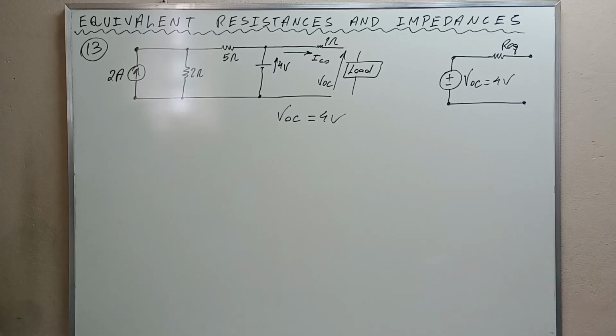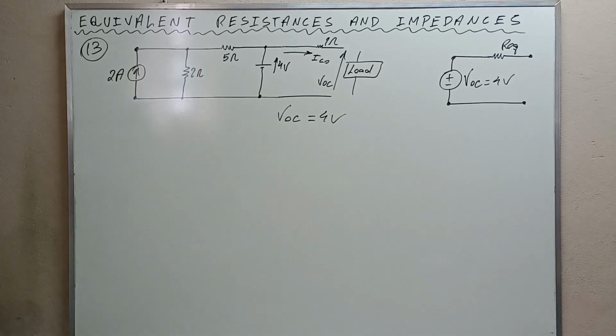Subsequently, we set the sources at rest, or to 0 if you prefer. Remember that a voltage source at rest is a short circuit, and a current source at rest is an open circuit.